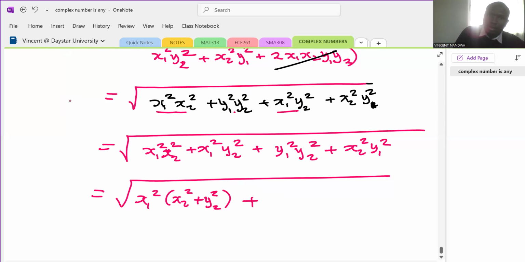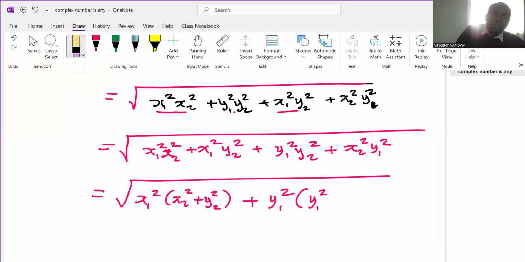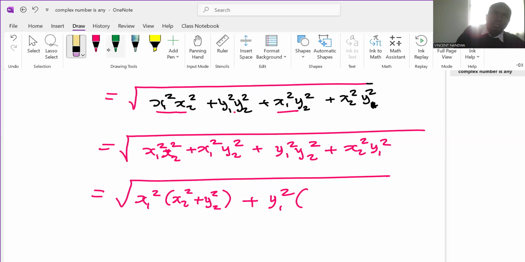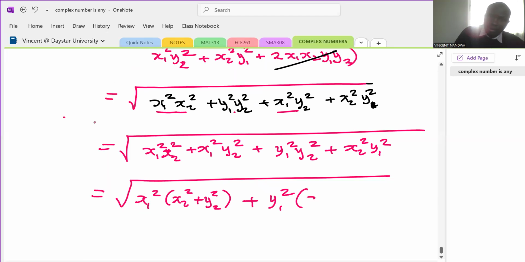And here common is y1 squared into (x2 squared plus y2 squared). Remember, summation can always commute.